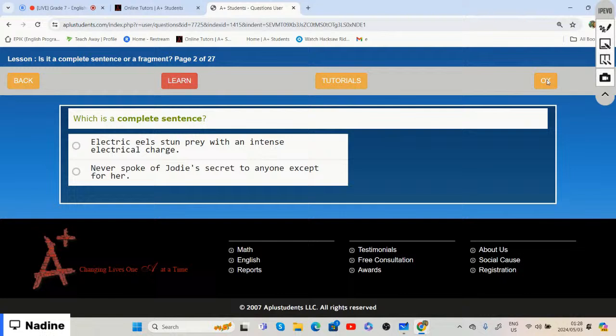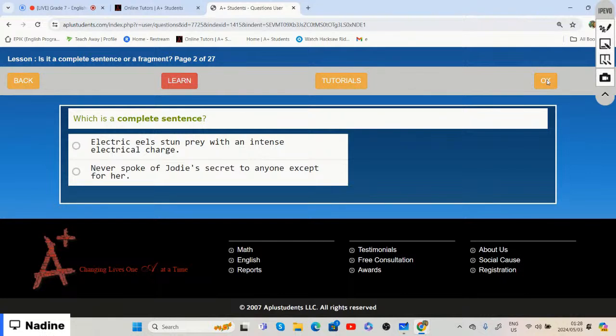Electrical eels stun prey with an intense electrical charge. Or do we say never spoke of Jodie's secret to anyone except her? So we need to select the complete sentence: Electrical eels stun prey with an intense electrical charge.